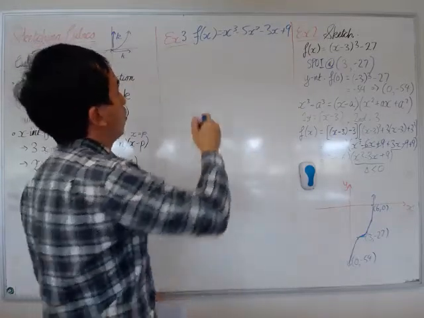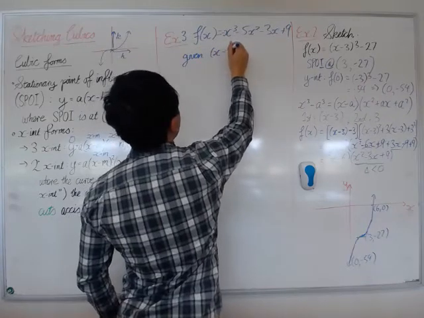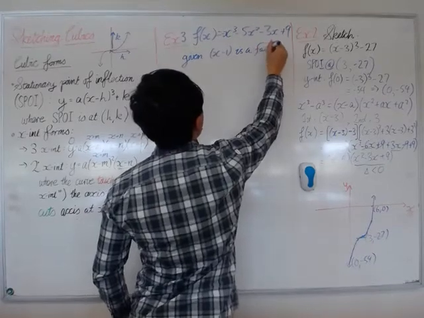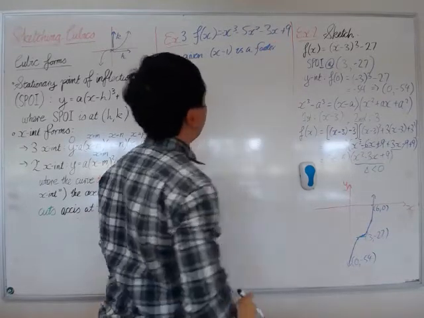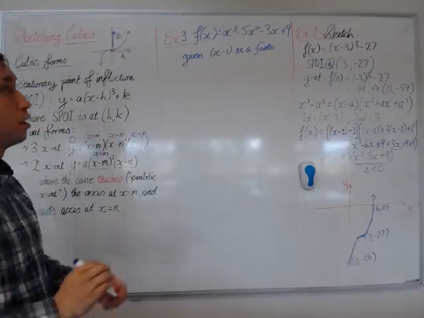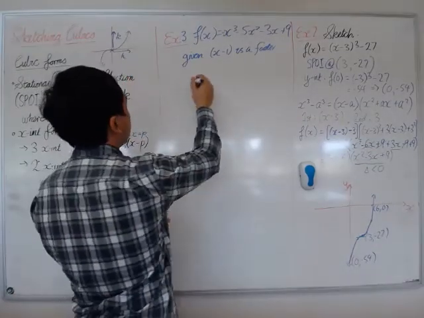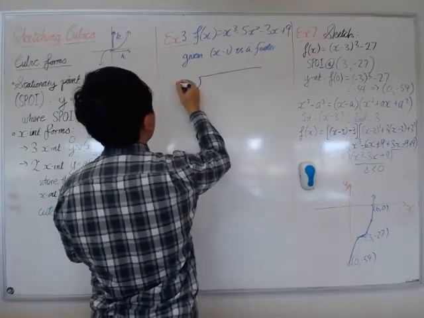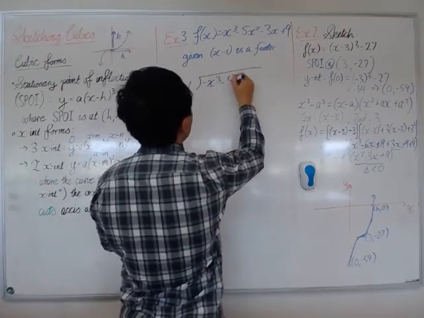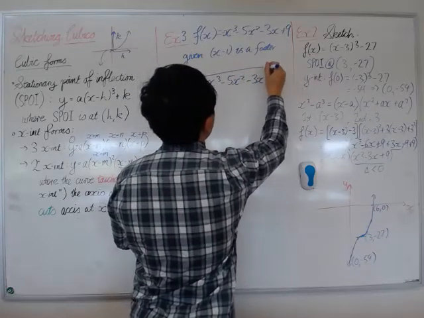And we're also given that x minus 1 is a factor. Alright, so from here, we have to go through the same process of long division just to see what this can be simplified down to. Okay, so x minus 1, into negative x cubed minus 5x squared minus 3x plus 9.